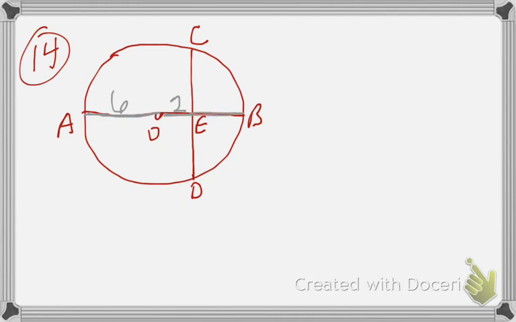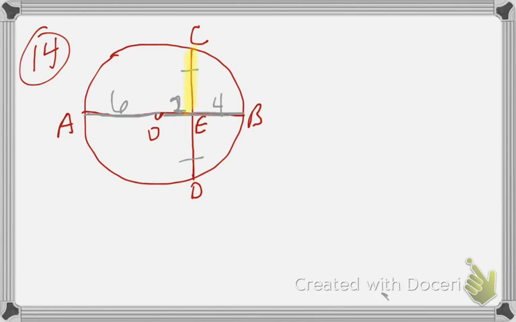So if we know the whole radius is 6, and this little piece here is 2, that means this little piece has to be 4. We also know that this is a diameter bisecting a chord, which means that this segment is equal to that segment. And we need to find the length of CE. Okay, so CE is right here. That's what we're looking for.